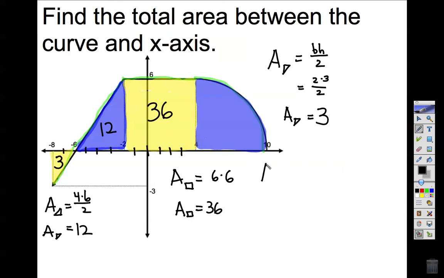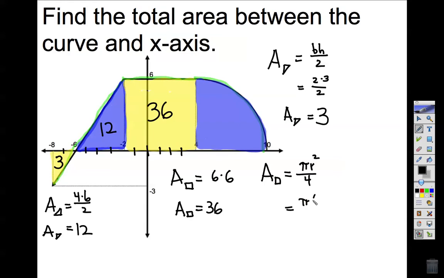Next up, we have the area of the quarter circle. In order to find that, we just take the area of a full circle and divide that by 4 since we have a quarter of a circle. So that'll be pi r squared, divided by 4 since it is a quarter circle.